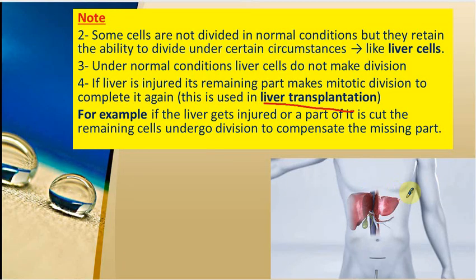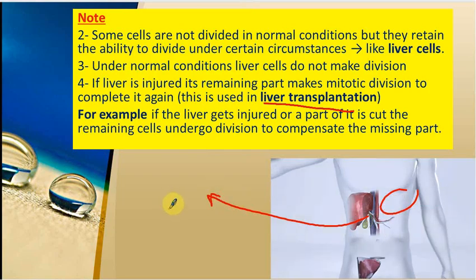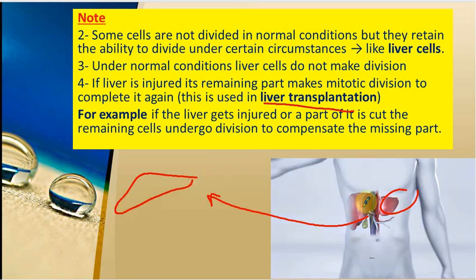We can cut part of a healthy man's liver and put it into another one, a patient who has a bad liver, and then the cut part will grow to form a new liver in this patient, and the lost part from this normal man will grow again to form a new liver.